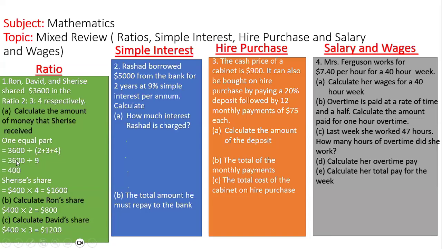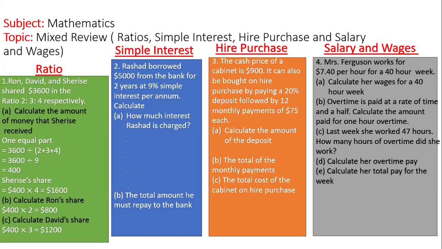So we say 3,600 divided by 9, which is 400. And that's how we get the 400 for 1 equal part.